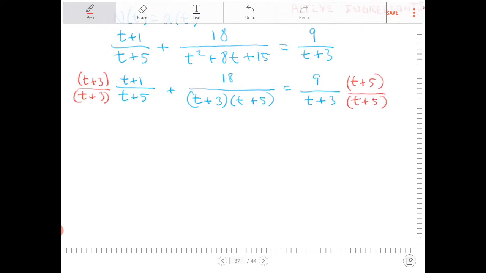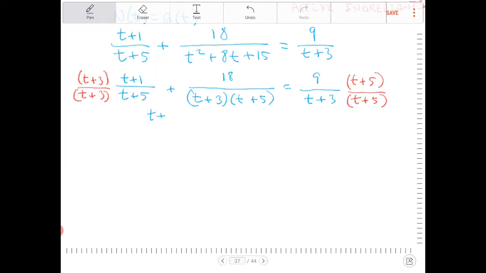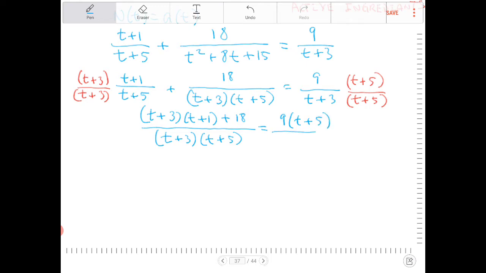And so the fraction on the left will now become t plus 3 times t plus 1 plus 18 all over t plus 3 times t plus 5, because I've created common denominators, and this is equal to 9 times t plus 5 over t plus 3 times t plus 5.